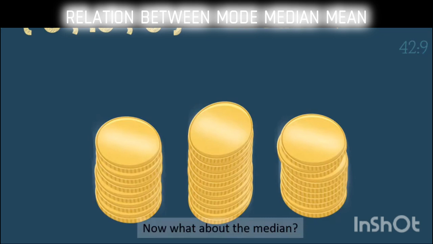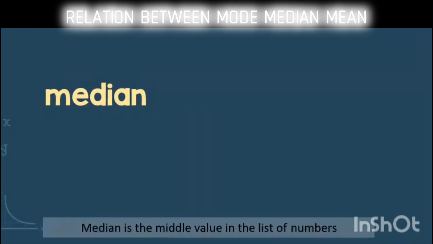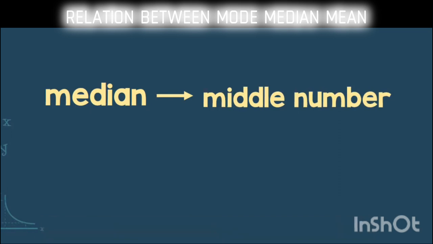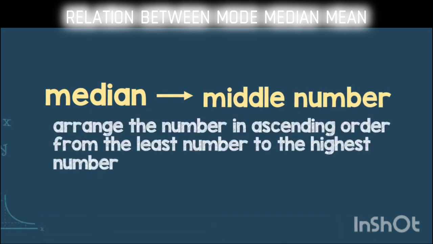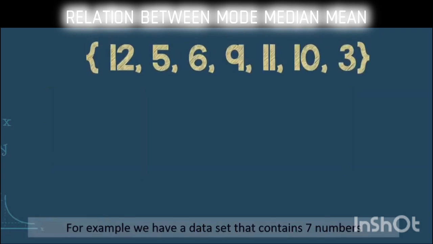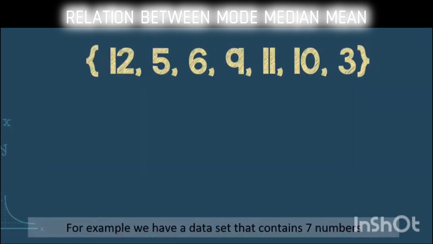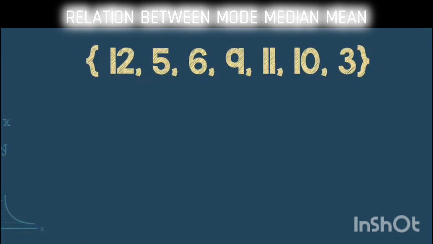Now what about the median? Median is the middle value in the list of numbers. To find the median, we need to arrange the numbers in ascending order from the least number to the highest number. For example, we have a dataset that contains 7 numbers, and these are 12, 5, 6, 9, 11, 10, and 3.